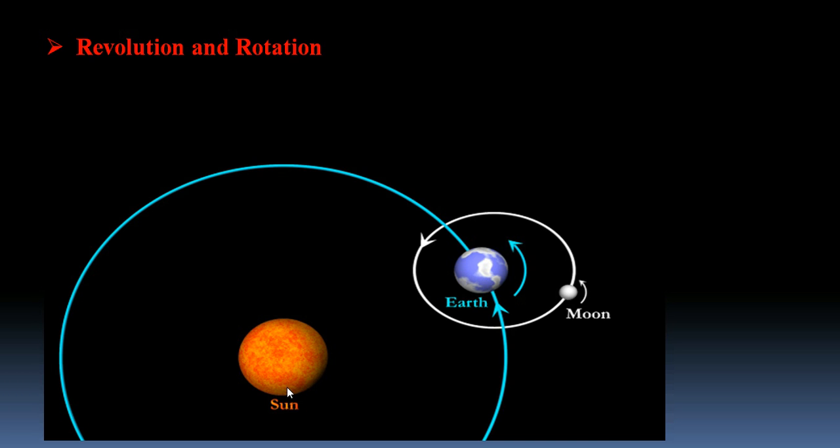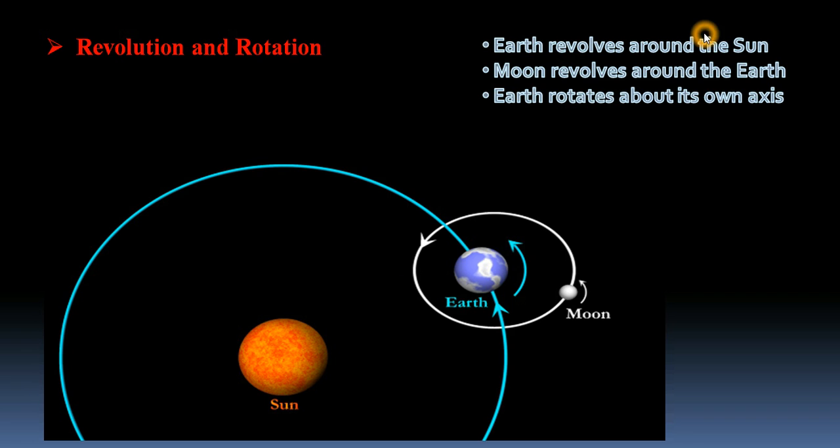In fact, sun is also rotating on its own axis. So when earth revolves around the sun, that is revolution. When moon revolves around the earth, that is again revolution. When earth rotates about its own axis, that is rotation. This is all about revolution and rotation.